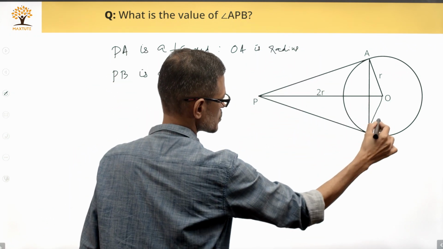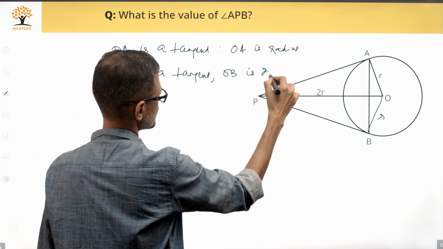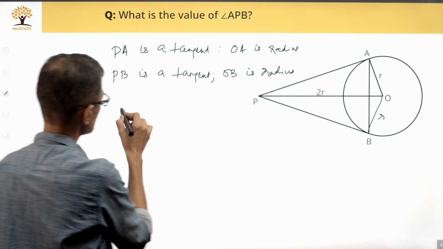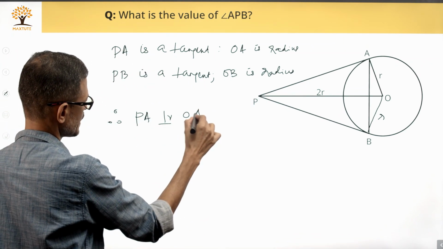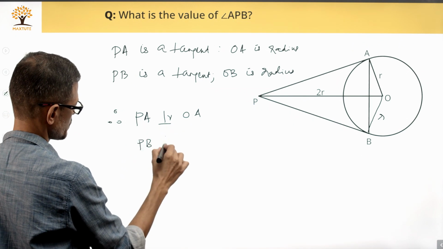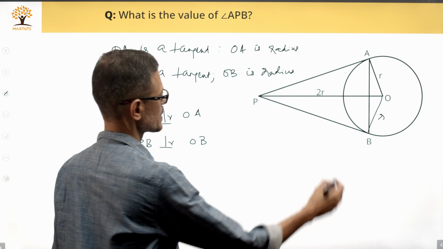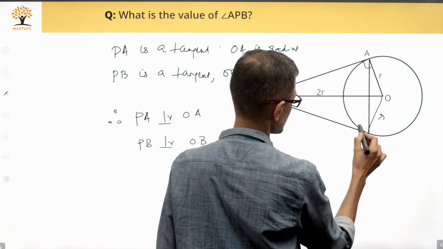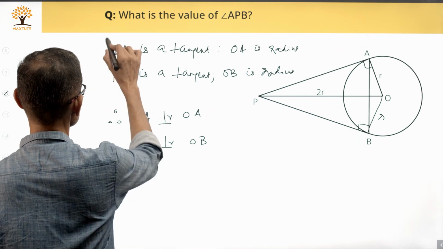Therefore, a few things we will establish. PA is perpendicular to OA and PB is perpendicular to OB. The radius and tangent are perpendicular to each other. So, this angle is equal to 90 degrees, so is this one. This is the first thing we have established.